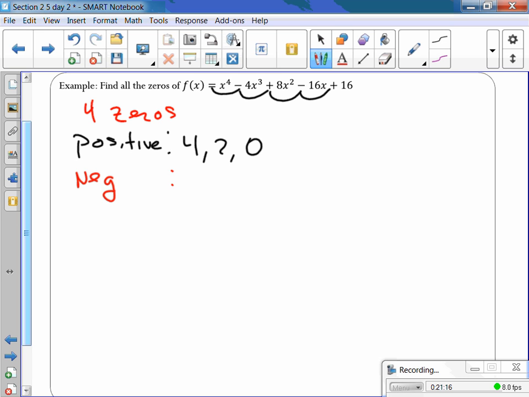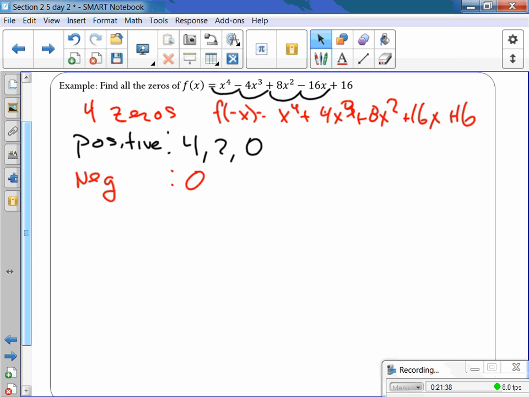As we wind up with our x to the 4th, all positives, no sign changes, so we know right off the bat, again, there are no negative real zeros.